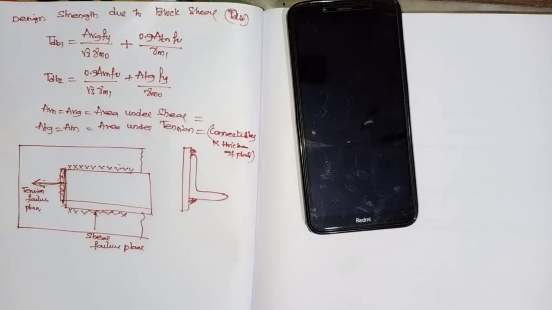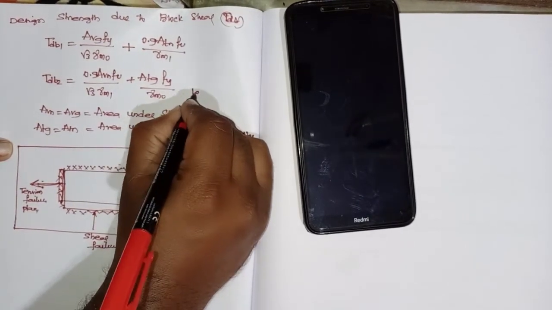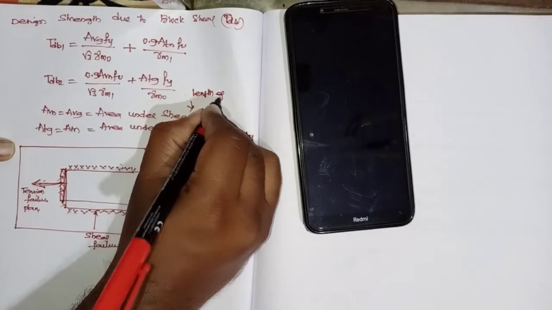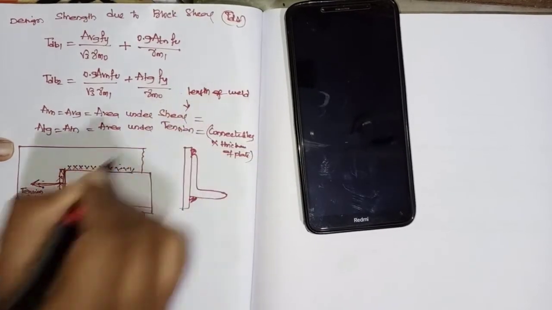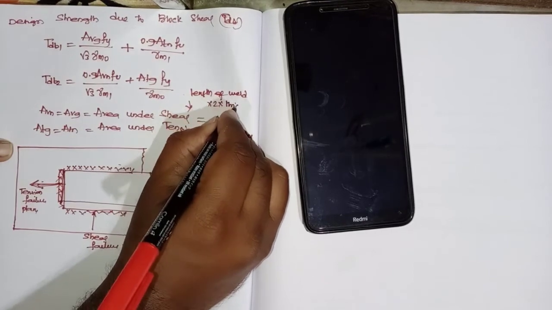Next, area under shear, that is length of weld into 2 into thickness of plate.